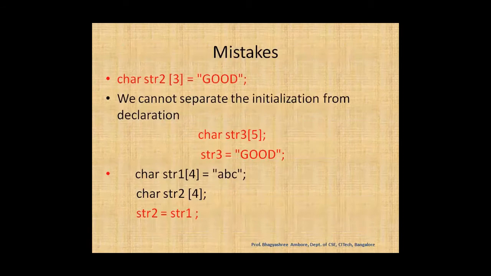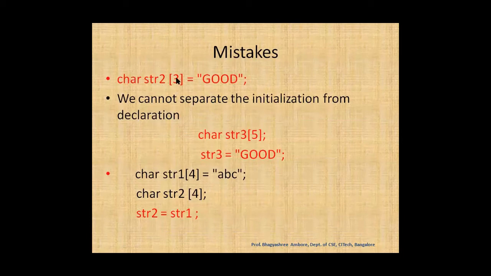Usually students make this mistake. What is the mistake? First, I have used the char data type, no mistake. string2 is a valid variable name, again no mistake. I said here 3 characters, but how many characters have I given? 1, 2, 3, 4. This is wrong.